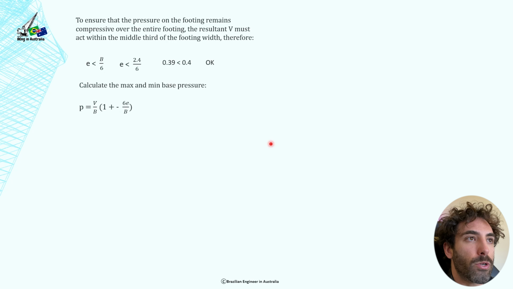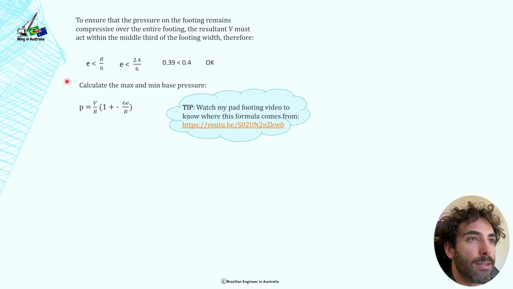We have a number greater than 0.4, and it's just a different formula. But if you want to understand how all these formulas come together, you just need to watch my pad footing video, and I will link that in the description below, and I'll show you where this formula comes from.